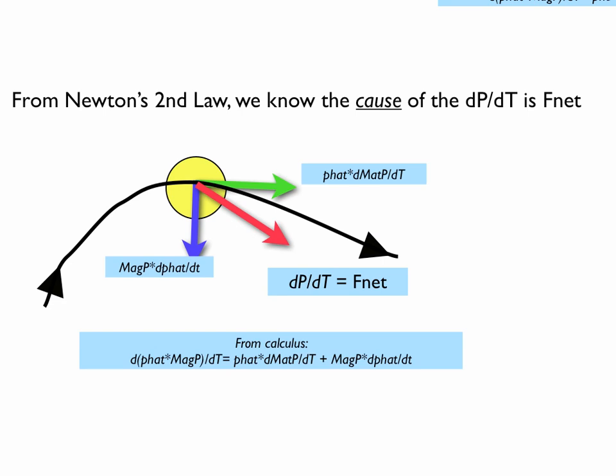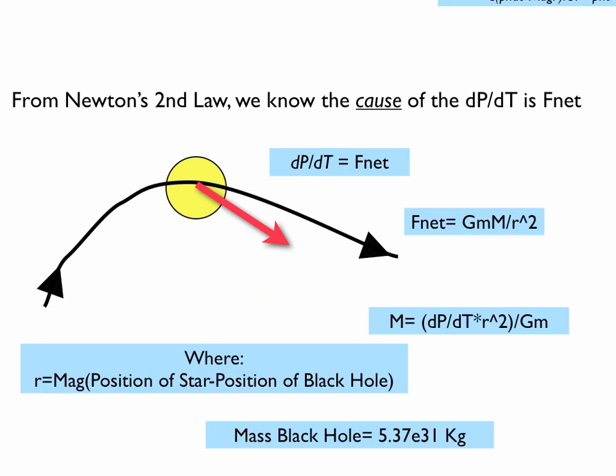From Newton's second law, we know the cause of dp dt is the net force. Therefore, dp dt is equal to the net force.